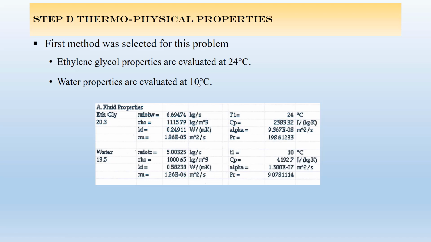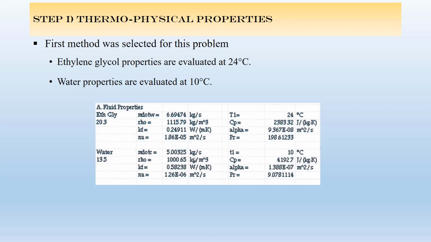Or what you can do, you can just use the average temperature and after several iterations find the exact temperature. But if you use any of these three methods, you will see that the thermophysical properties are very close to these numbers. So this is the first part, the thermophysical properties.